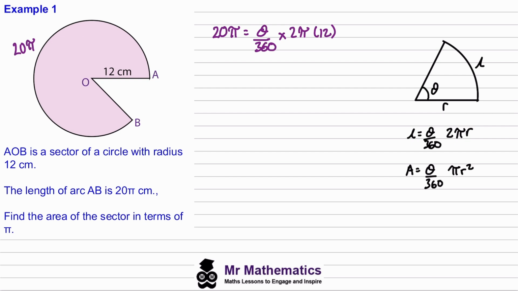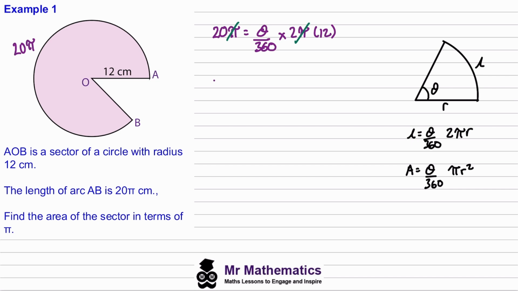So our approach will be to work out the angle theta from this information, and then use this angle theta, we'll substitute it into this equation, and then we'll have enough to work out the area. So we need to begin by working out theta. Well, the first thing we can do is divide both sides by pi, and we know that 2 times 12 is 24.